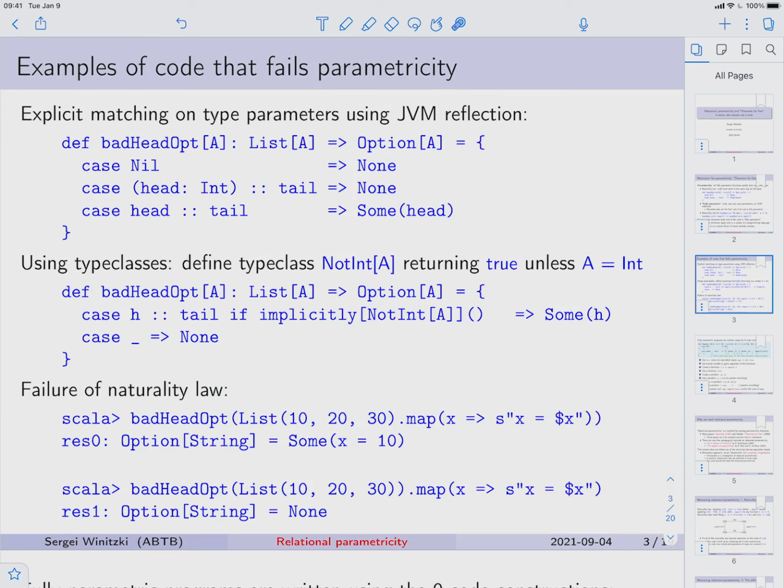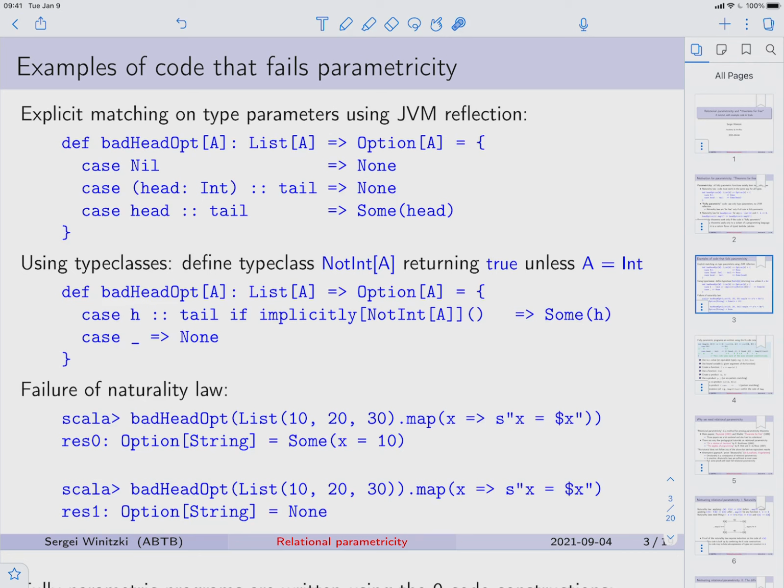Here is an example of code that does not have this property because it uses features of the language that are not fully parametric. One example is explicit matching on a type parameter. In Scala you can write this code where you compute a head option in a different way. If the list has integer values, you return none. But in all other cases, you return the head option as usual.